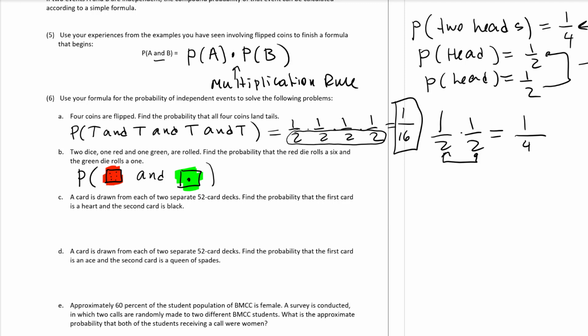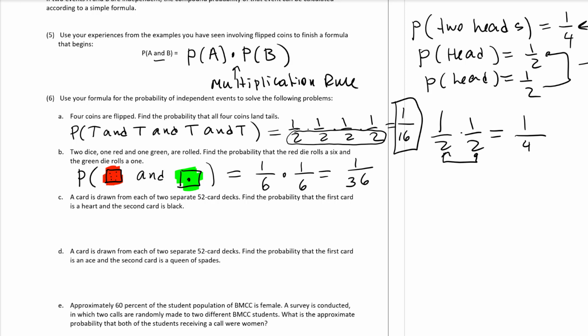All right, so let's review. The probability that you get a 6 is 1 out of 6 chances. The probability that you get a 1 is also 1 out of 6. So you multiply these, and there's 1 success divided by 36 different outcomes.